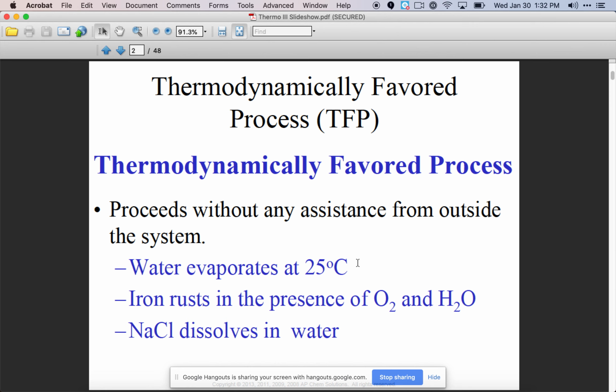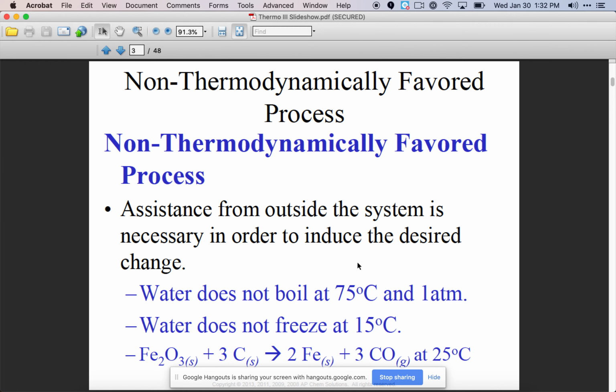Okay, in this section you have to pay attention to what is thermodynamically favored.